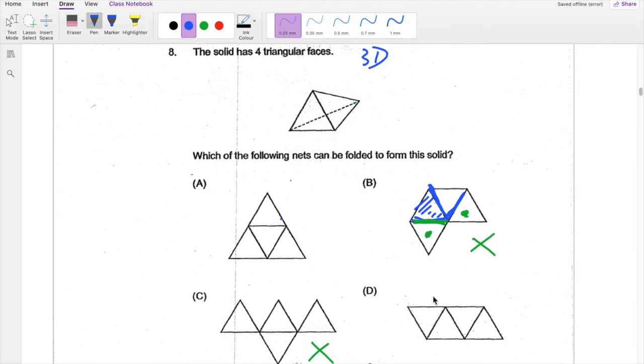Okay, let's see. For example, we consider this one as a base. This line is this edge, so when we fold it, this triangle is the triangle at the back. Then how about this side? This edge will be this one, then this triangle would be the triangle at the right. Then how about this line?